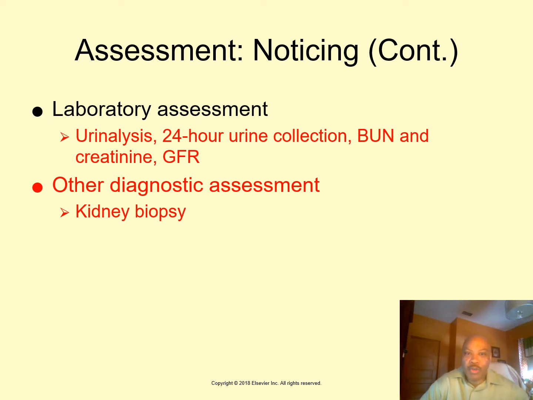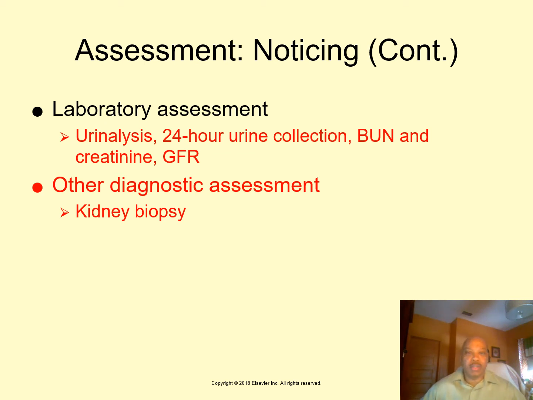We want to obtain a urine specimen, particularly early in the morning, because in the morning is when the urine is most acidic, is more concentrated, and is filled with more intact formed elements at that time.